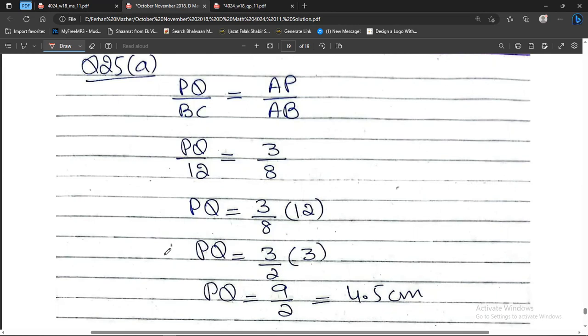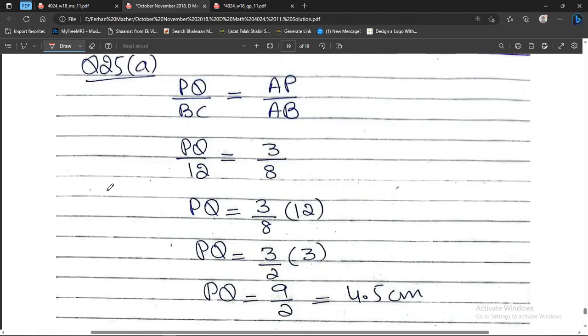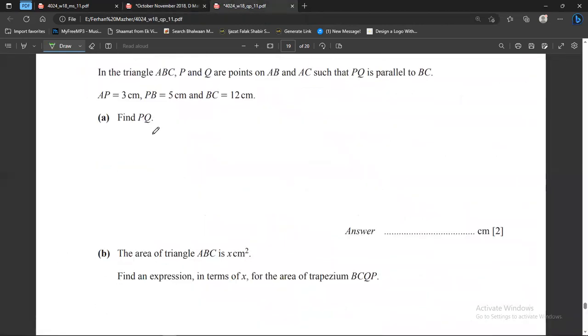So PQ will be 3 into 3 divided by 2, that will be 9 by 2, and that will be 4.5 centimeter. PQ will be 4.5 centimeter, because the small triangle and the big triangle are similar to each other. So their sides will have a constant ratio. The ratio of the corresponding sides will remain constant. That's the property of similar triangles.